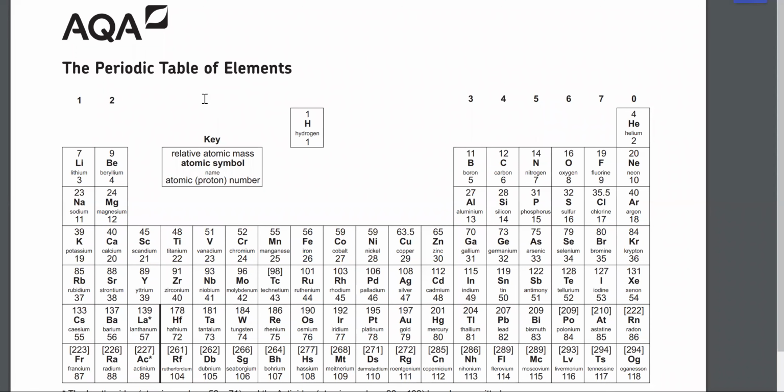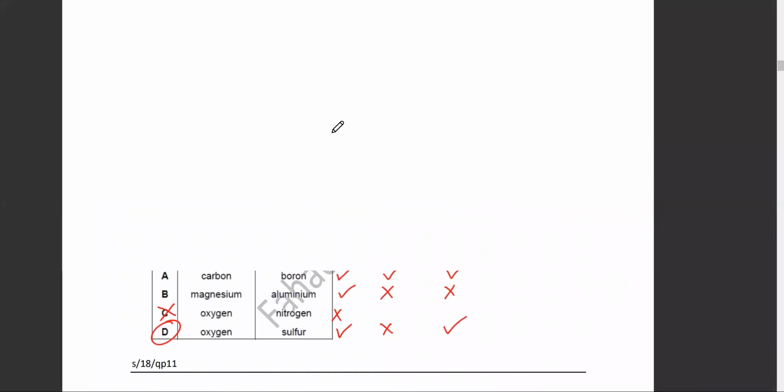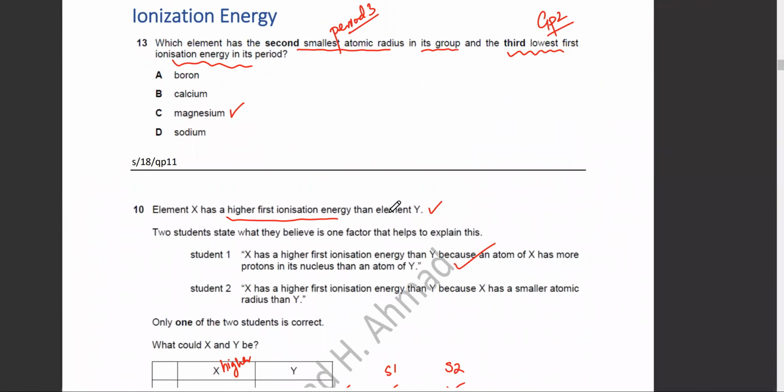Sir, I have a question about the previous question we did. If we get such a long question in the paper, should we avoid it and start working on the next question, or should we do it at the moment? The strategy normally, teachers say, is to answer the question you know and skip the question you don't know.